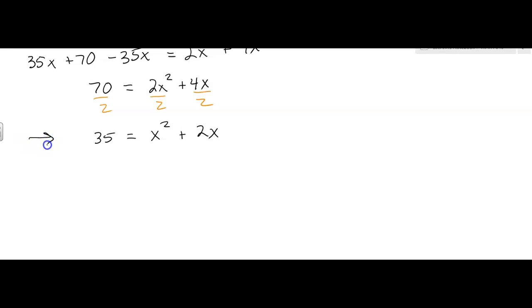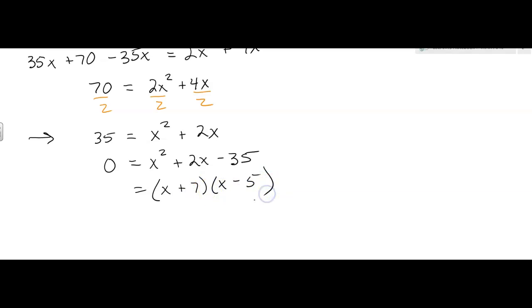Now, this is a quadratic equation, so I'm going to get the 35 on the other side. I've got to set it to 0. It's not linear this time. And then I'm going to try to factor. So I'm going to get x plus 7 and x minus 5. That's how it's going to factor.